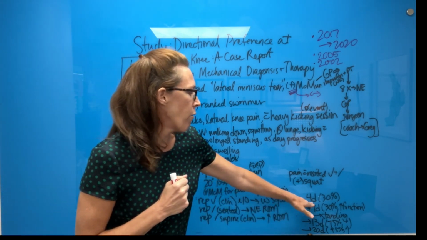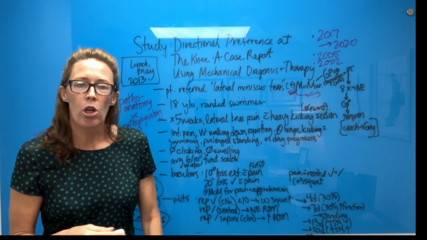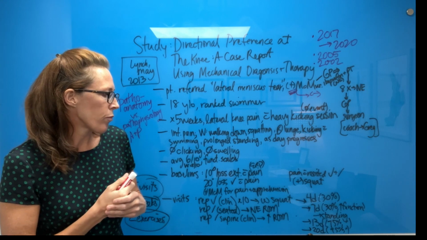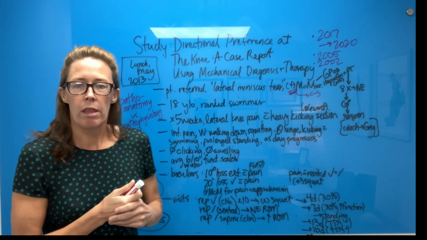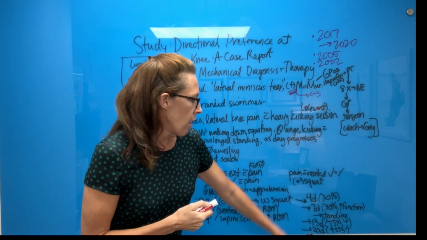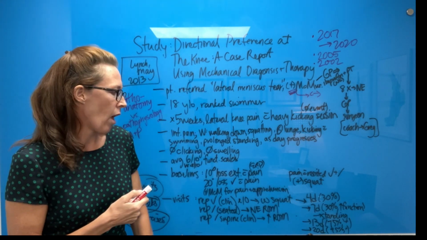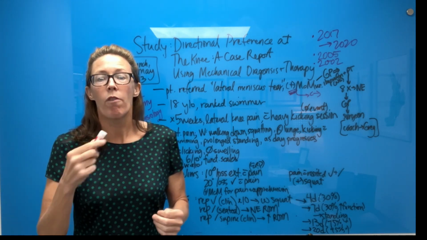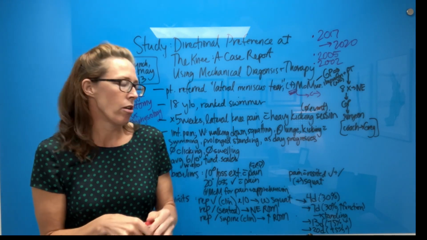And then she came back 4 days later, reporting 30% overall improvement. They decided to keep her with the same exercise. And then she came back at 7 days, so 3 days after that, saying that her pain was about the same, but she was improving in terms of the amount of function she was re-adding to her life.